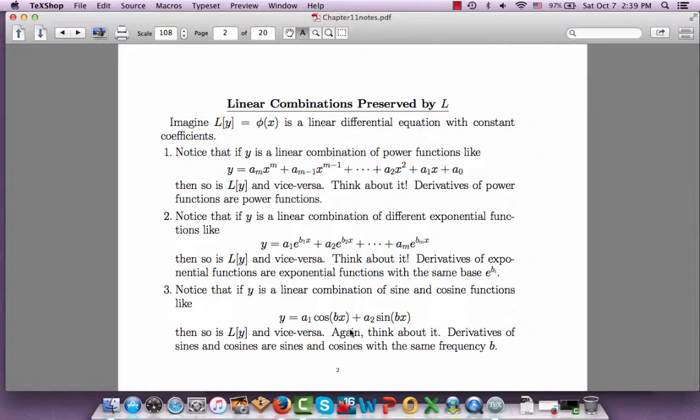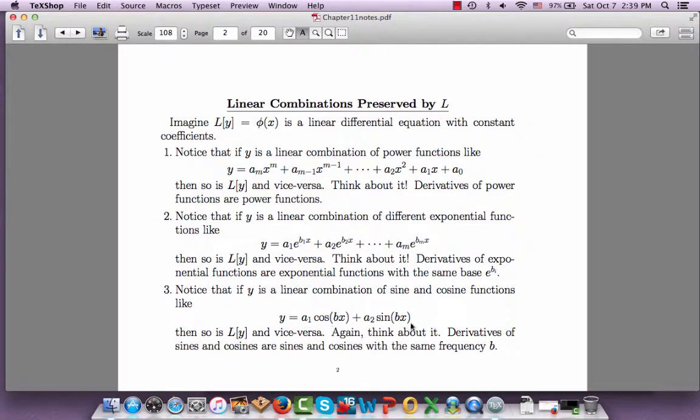The cosine is going to change to a minus sine, and the sine is going to change to a positive cosine. So in the end, the derivative of this function y here at the bottom is going to be of the same form. It's going to be some constant times the sine of bx plus some constant times the cosine of bx. And every time I differentiate this kind of function, it'll still have that general linear combination form.